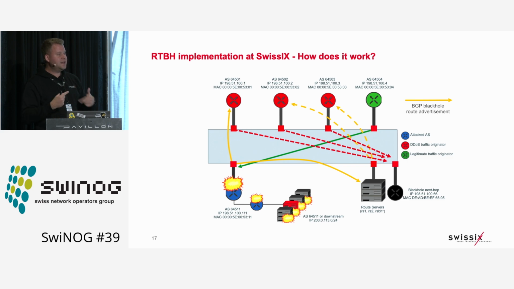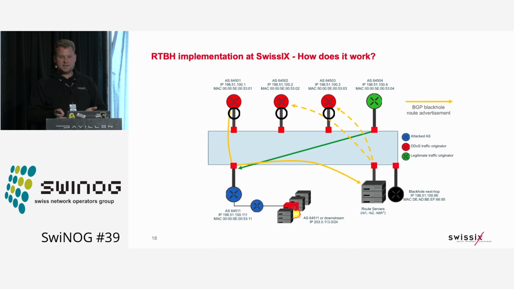And this triggers then the mechanism to actually blackhole the traffic, because on the ingress side of the fabric, we have MAC access lists which are looking for traffic which is destined to the MAC address of the blackhole. So there's a specific entry in the MAC access list on the ingress side.